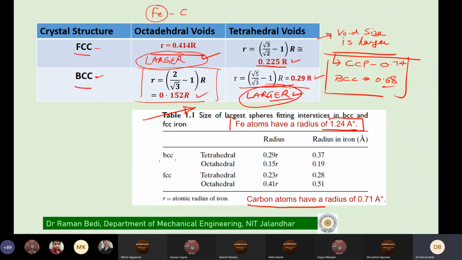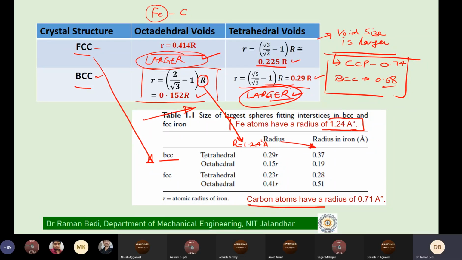And if you now compare, the same thing is listed here with some calculations, not the formula. We have put the value of R in these equations. When you substitute the value of R here as R equal to 1.24 angstrom, you will get this result here.